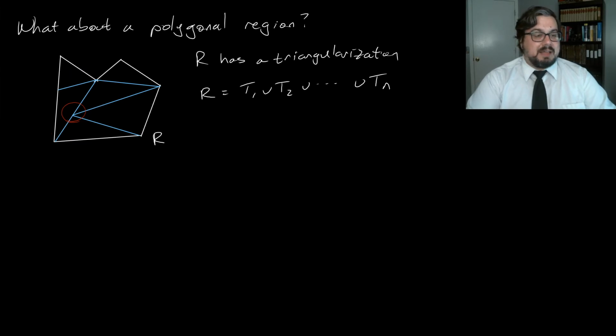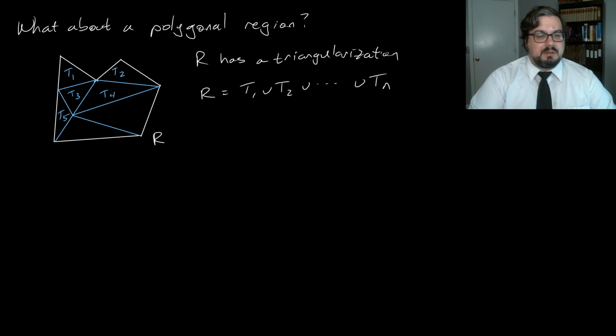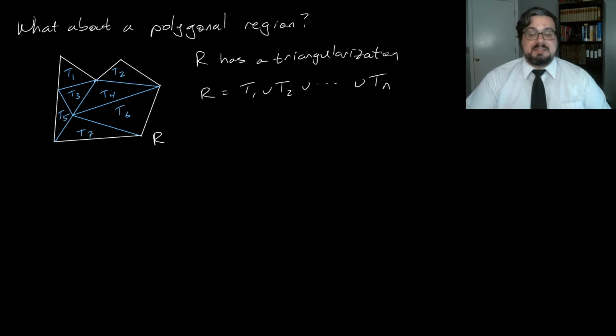We can fix that, though, simply by introducing another triangle that goes like that. So this is a proper triangularization of R. And we could label our triangles if we wanted to. So here's a triangularization of R with 7 triangles.